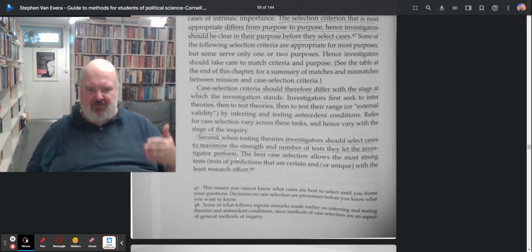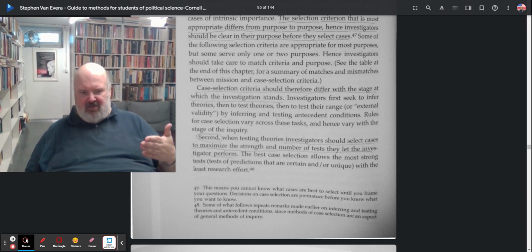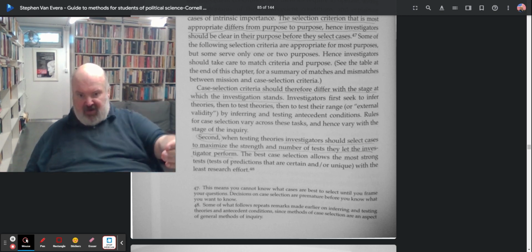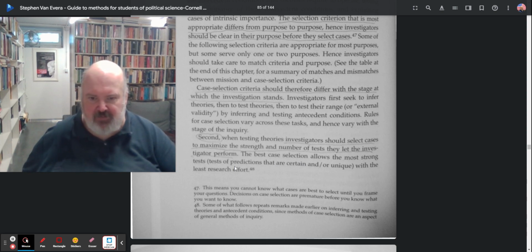The best case selection allows the strongest tests, tests of predictions that are certain or unique, with the least research effort.